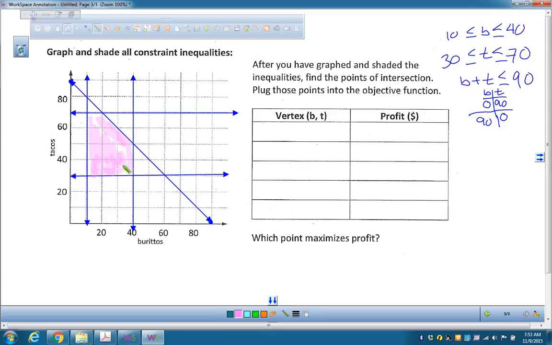And what they figured out during World War II is that for the objective function, this 1.65 B plus 1.05 T equals P, the maximum or the minimum is always going to be found at one of the points that is at a vertex.